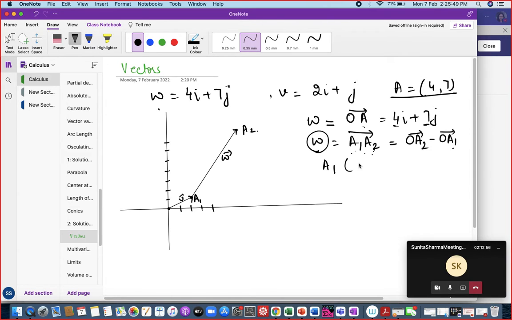A1 has coordinates 2 comma 1, which is the same as the terminal coordinate of W, and when I'm shifting it parallelly, what do you think will be the end coordinates of A2? The coordinates of the A2 endpoint, what will they be?